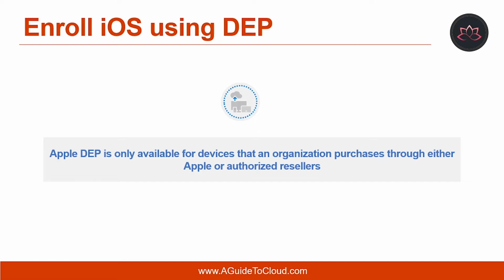Apple DEP is only available for devices that an organization purchases through either Apple or authorized resellers to provide to employees. On the Apple DEP website, an administrator can pre-configure device settings, including what applications and company services each device can access, and set devices to automatically enroll to MDM.